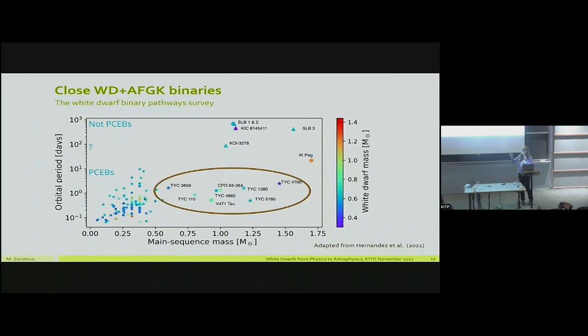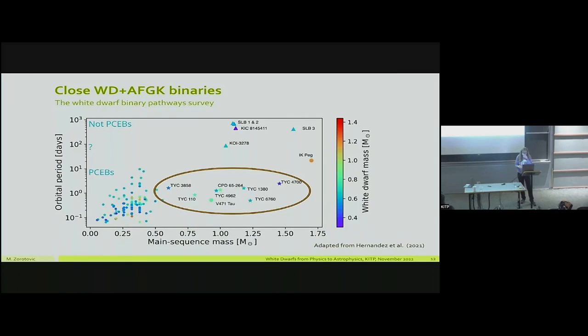And then I said IK Peg was a problem, and then in 2014, KOI 3278 also needed more energy, but just 2%, or any other extra source of energy. So we started looking for more systems with massive companions, and we have already characterized 8 or maybe 9, fully characterized, I mean, with short periods and measured periods and the two masses.